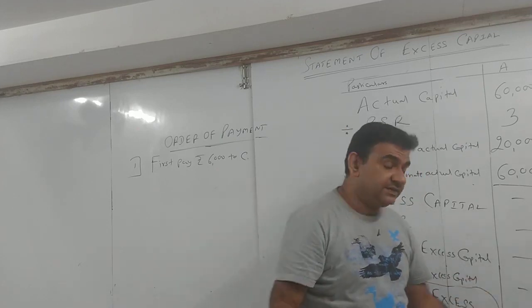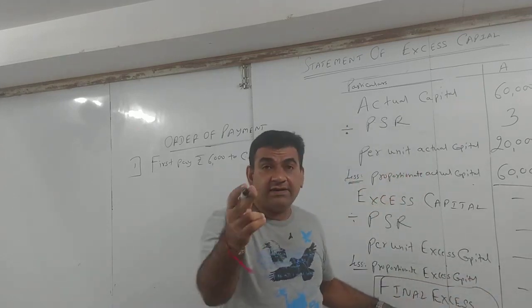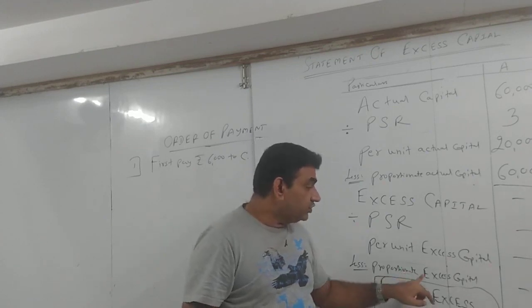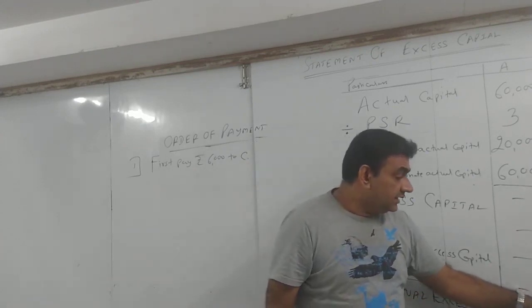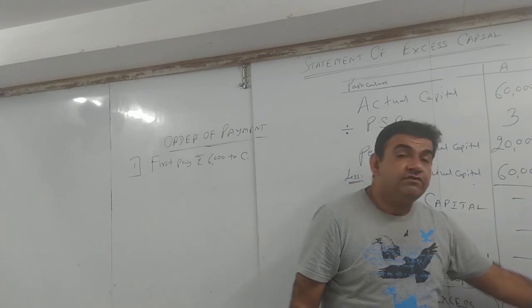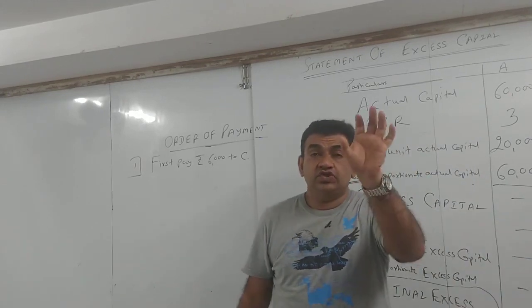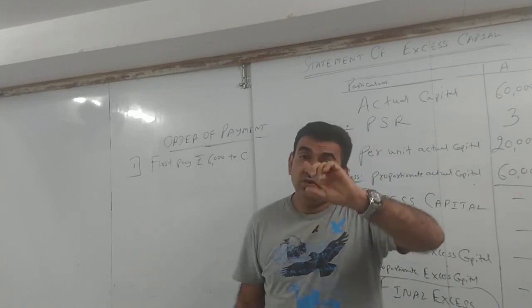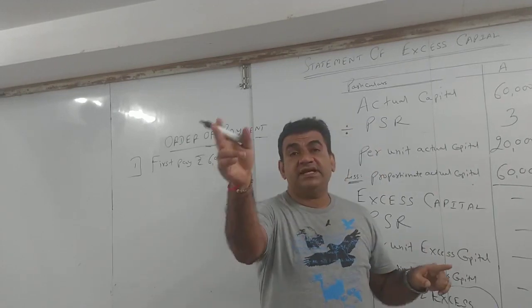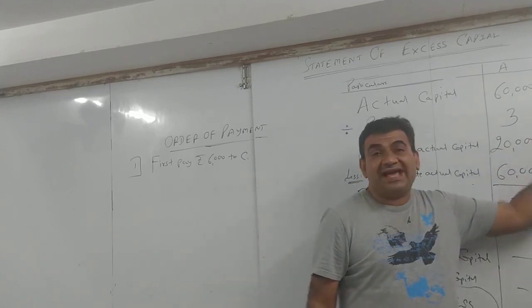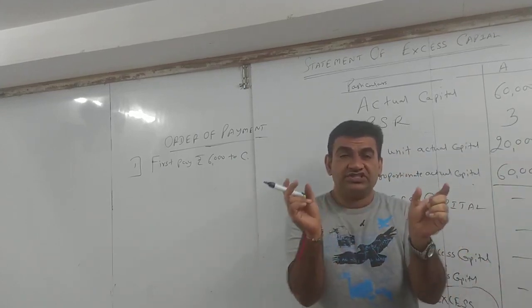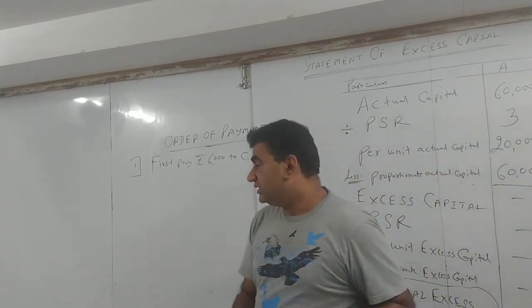See, then next step. After final excess, come one line above. Proportionate excess capital: 8,000 for B, 4,000 for C. So 8 and 4 is how much? 12. So you will pay a total of 12,000 to B and C in their PSR. What is their PSR? 2:1. As I told you, to cross check, I showed you the step now. 8 and 4, so 12,000.